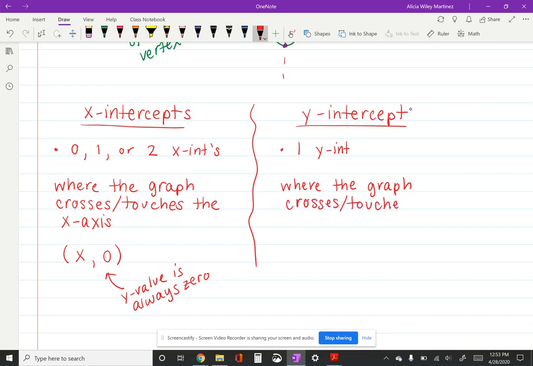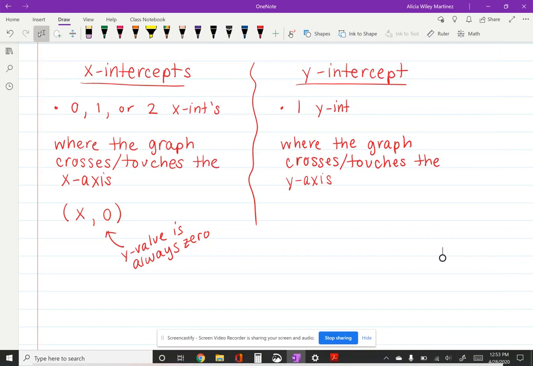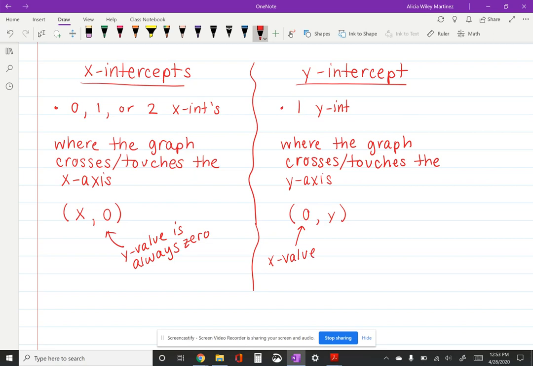There's lots of different words you can use. It's where the graph crosses the y-axis. So for a quadratic, or any type of function, a point that is on the y-axis is always going to be 0, comma, y, where the x value is always 0.